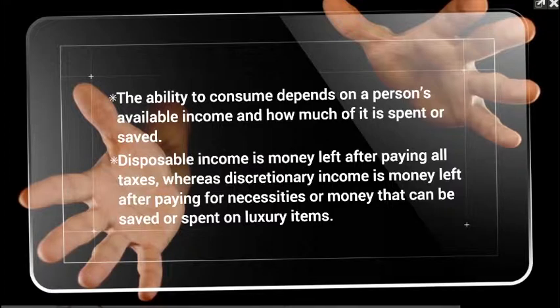Especially as an adult, you'll probably have a mortgage payment, car payment, food, clothing, utility bills, basic necessities that have to be paid for. So discretionary income is the money you have left over after you've paid all of your bills. And so, it's a narrower definition than disposable income.